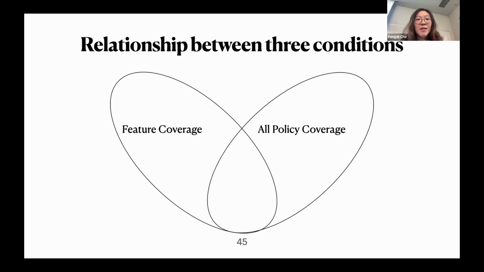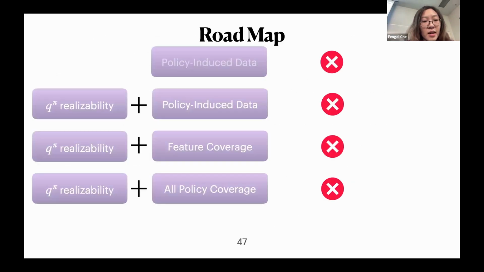And people somehow think all policy coverage is stronger because it's more suitable for RL. It tells us we can cover all policies very well, and people think it's more aligned with the RL understanding. So that's why people may like this all policy coverage slightly better than the feature coverage assumption.